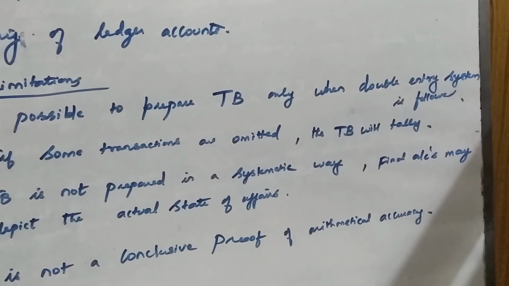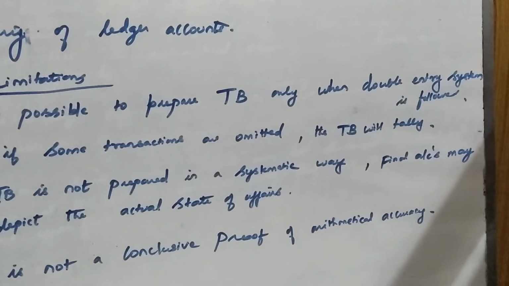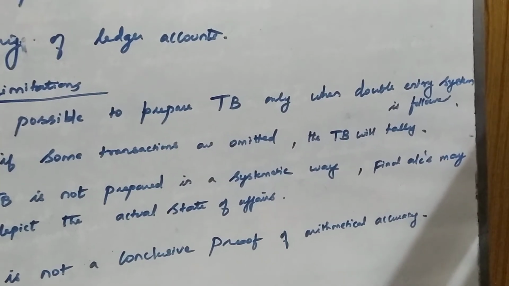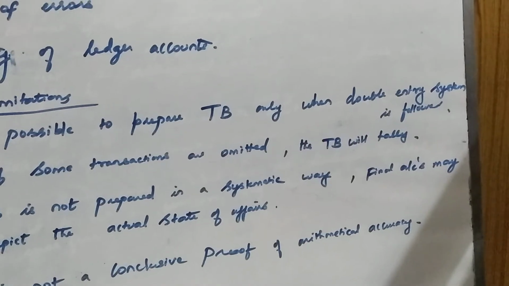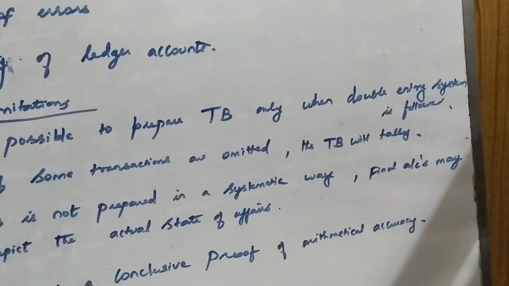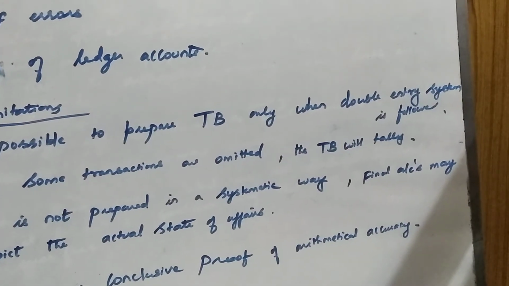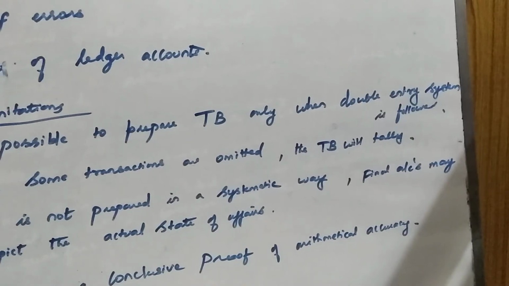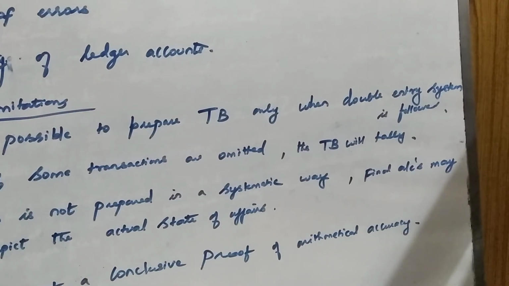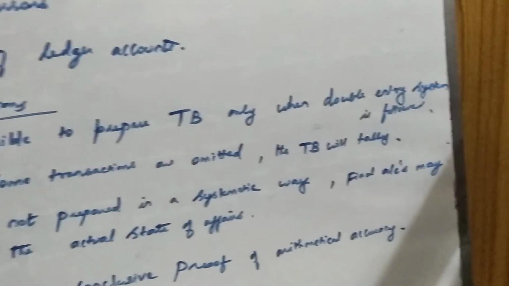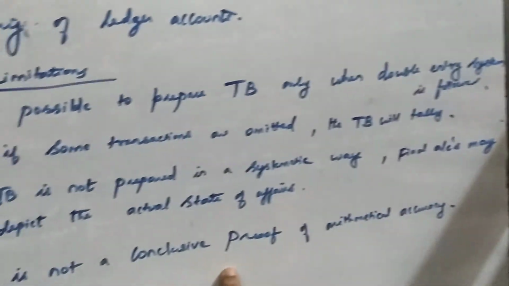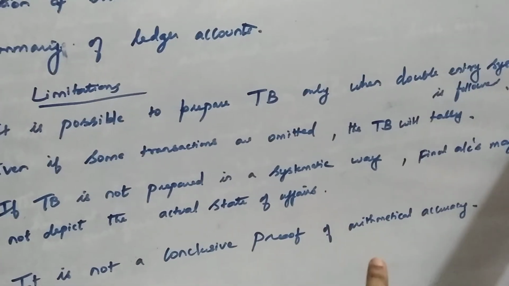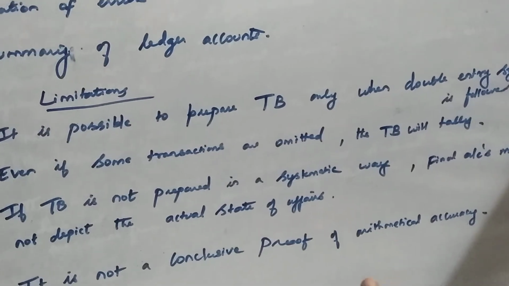But you have made a mistake. That mistake is not disclosed by the trial balance. That is one of the major limitations. In the features itself, I told you about this. That's why we cannot take it as a conclusive proof of arithmetical accuracy. Able to understand?